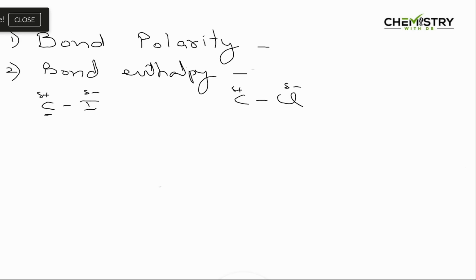A more delta positive carbon in C-Cl will be able to attract nucleophiles much more easily, so the nucleophilic attack becomes easier. Therefore we would expect the C-Cl bond, being more polar, to react more easily. However, that doesn't happen in haloalkanes because of the other factor involved here, which is the bond enthalpy.